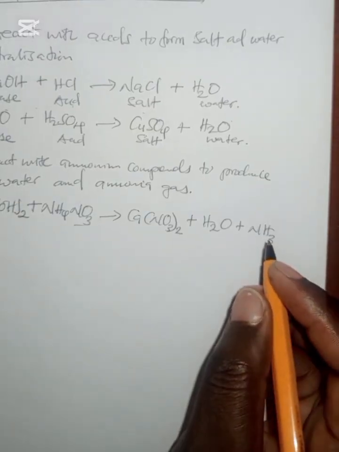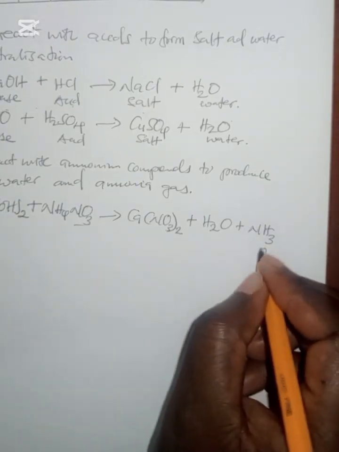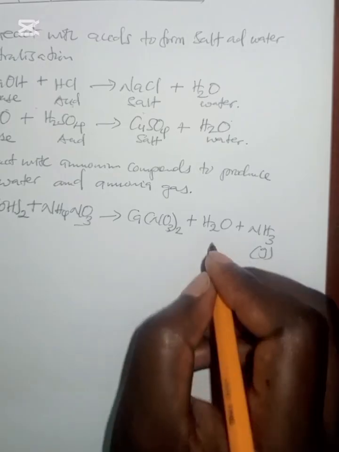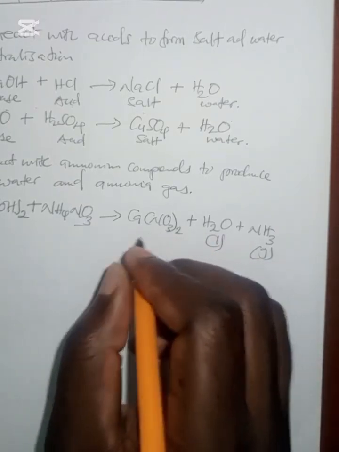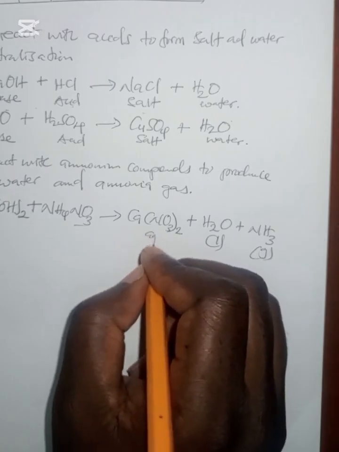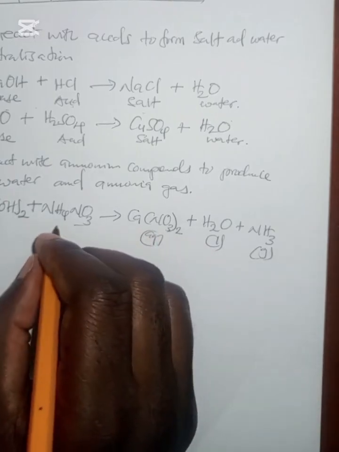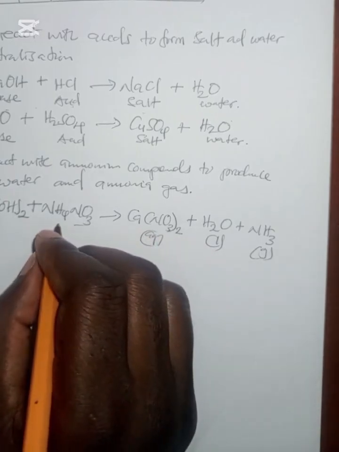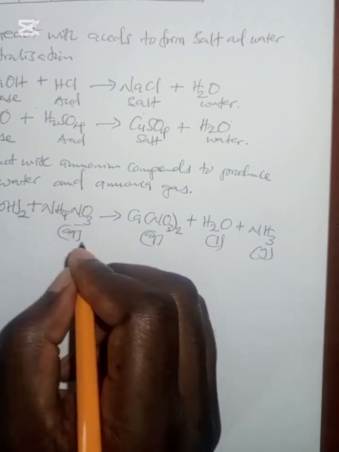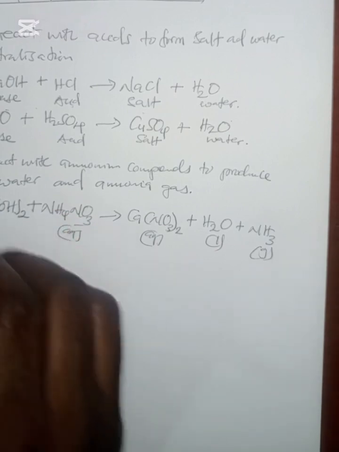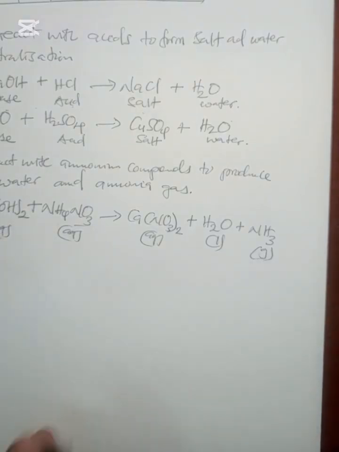We know that ammonia is a gas, so it should be in gaseous state. Water, liquid state. Then calcium nitrate is a soluble salt, so it's going to be aqueous. Ammonium nitrate is also aqueous, and calcium hydroxide is also in aqueous phase.